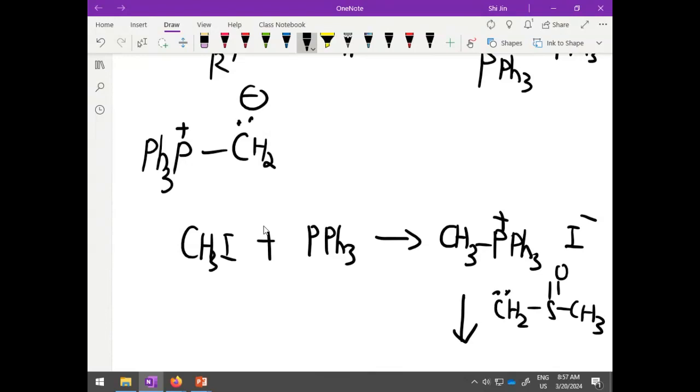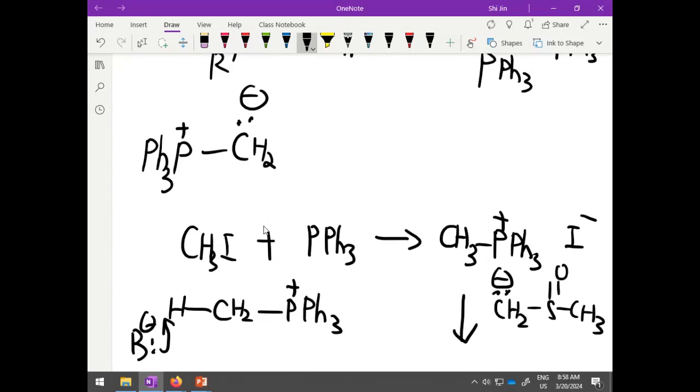The base serves one role here: it takes the beta proton away from the CH3PPh3 positive, and this one comes over here.